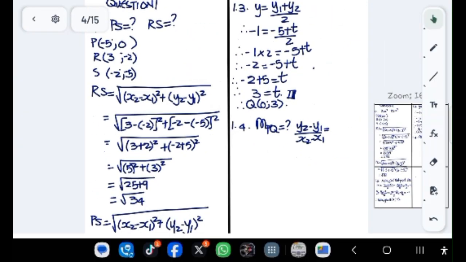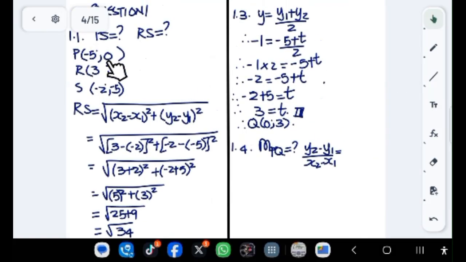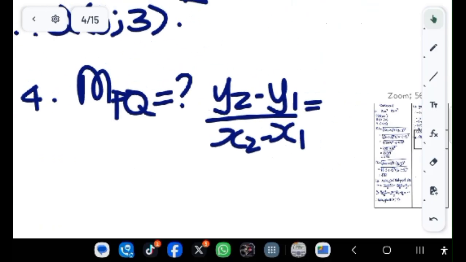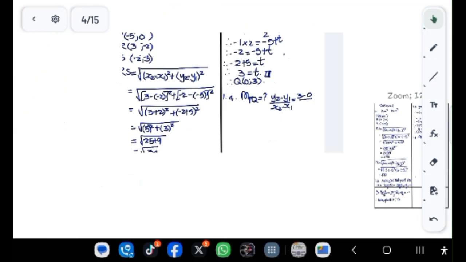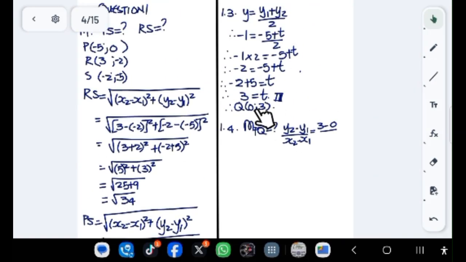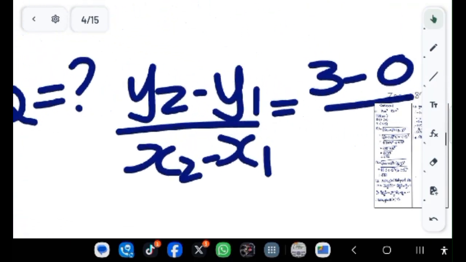Q has the coordinates 0, 3, and P has the coordinates negative 5, 0. So 3 minus 0 over 0 minus negative 5.